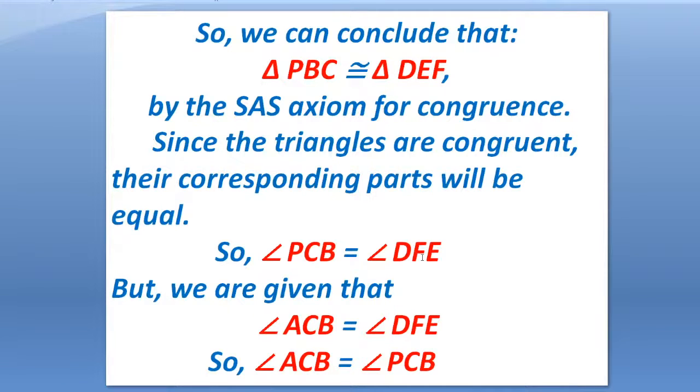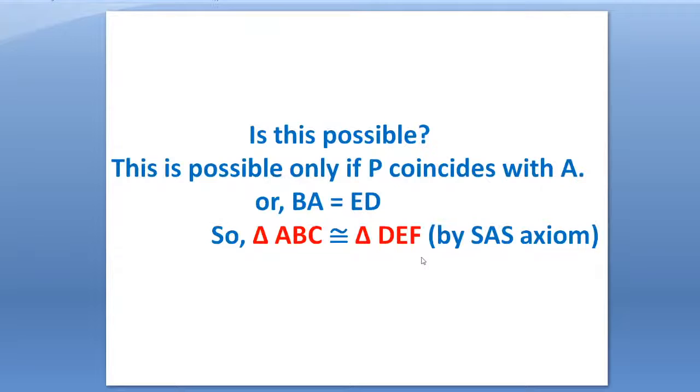And from this we can also write that angle PCB and DFE are equal. ACB and DFE are equal is given, and that's why ACB is equal to PCB. ACB is equal to PCB only if P coincides with A, or BA is equal to ED.